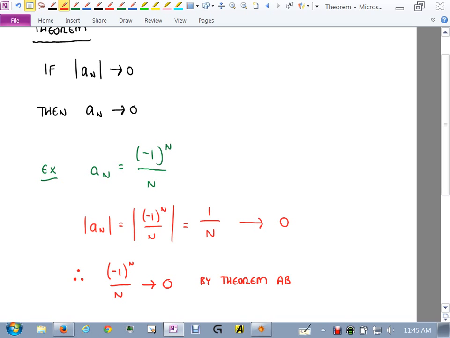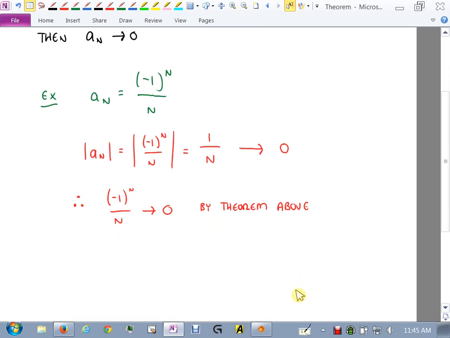Yes. Good question. That's right, that's my next example. You have a question, though? Okay, negative 1 to the n is either 1 or negative 1, right?